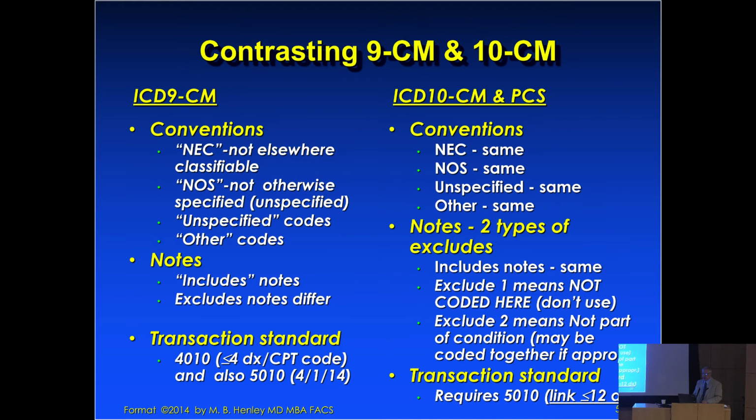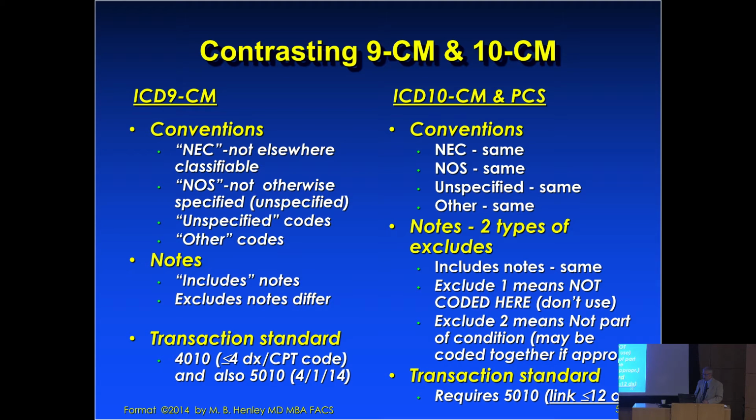Conventions are very similar in terms of not elsewhere classifiable or NEC, and not otherwise specified, which means the physician did not specify laterality, for example, left and right, and may lead to a rejection or denial of your claim if you should know whether the injured limb was left or right.